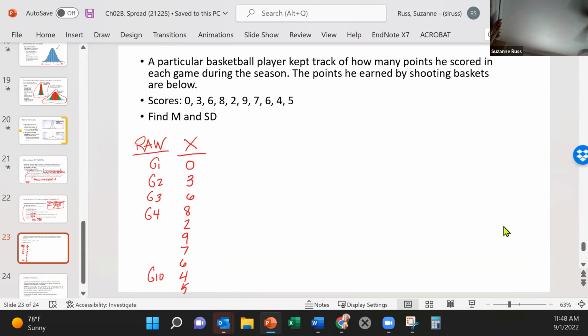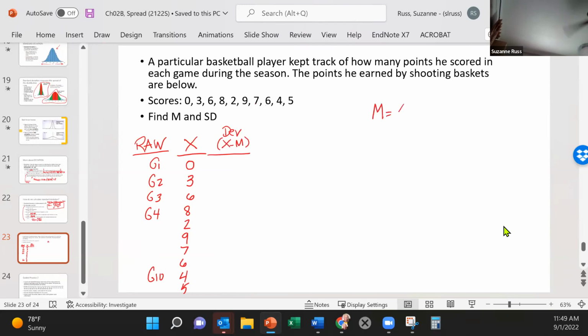And next we have to calculate our deviations. So our deviations, remember, is X minus M. And so in order to calculate X minus M, we have to calculate M. Remember what M is.